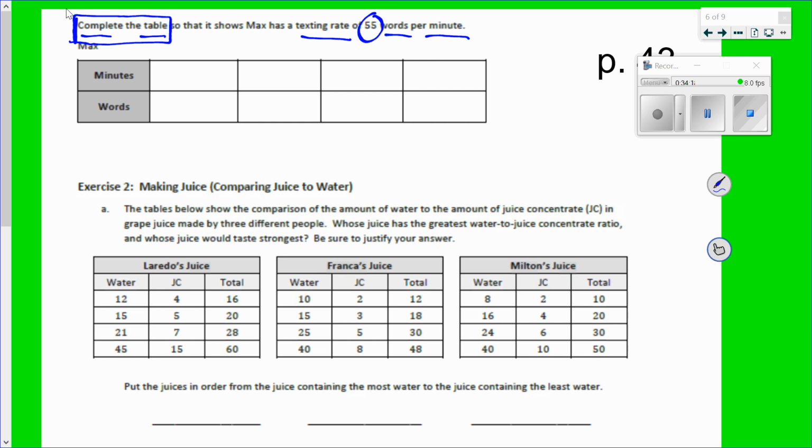All right, where are we going to start? Olivia? Yes, per 1 minute. So from here, what are we going to do? Gavin, talk to us. We're going to do a second additive. What are we going to add across the top? Add 1.